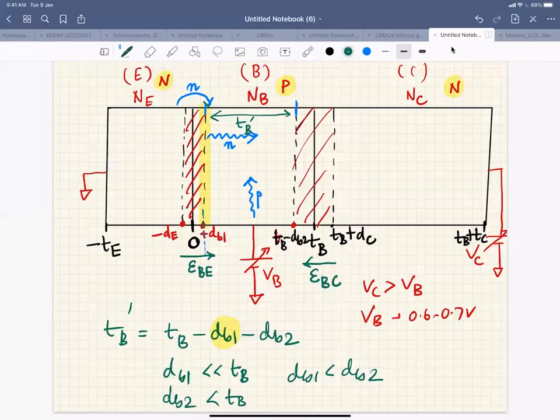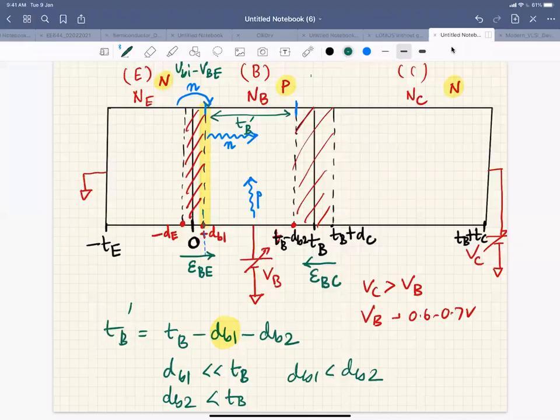So which electric field is higher? Your base collector junction is reverse biased, and the base emitter junction is forward biased, right? What is the voltage drop across the base emitter junction? It is VBI minus the applied voltage, VBI minus VBE. So the voltage drop here will be VBI minus VBE, right?